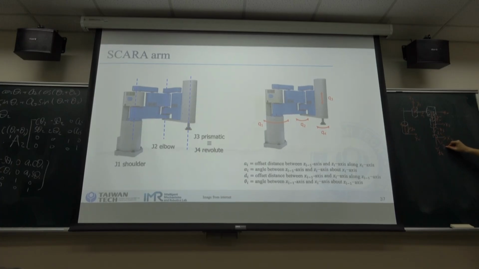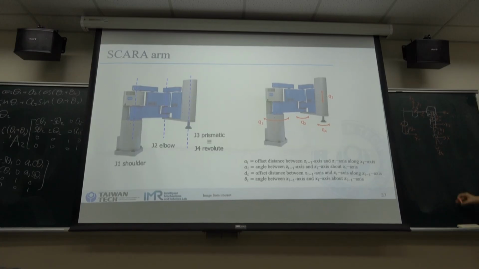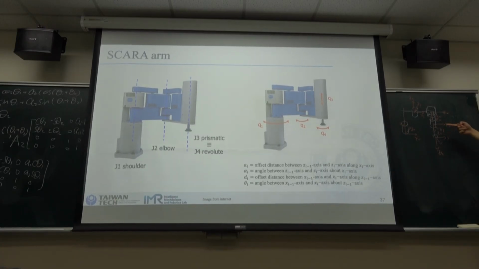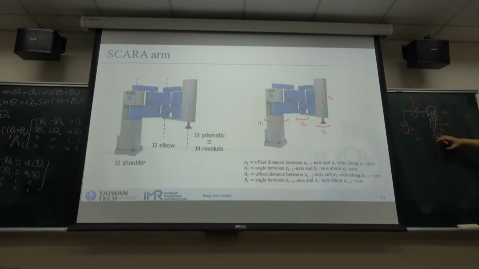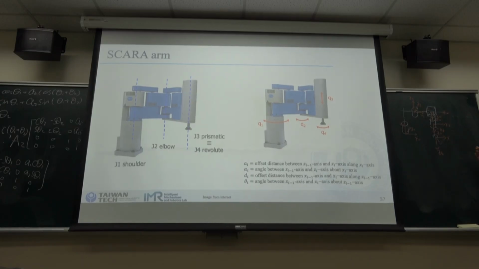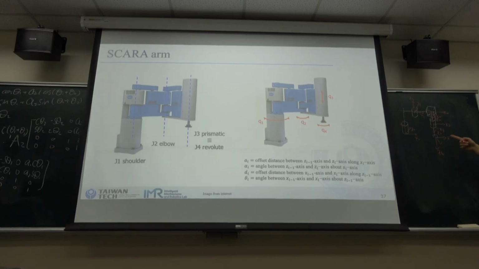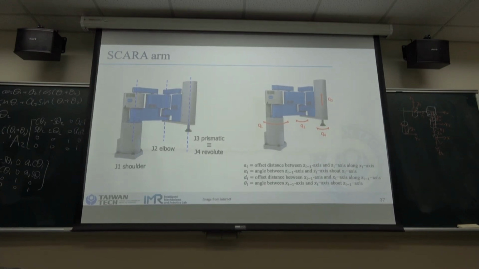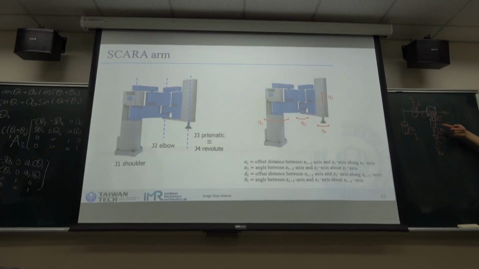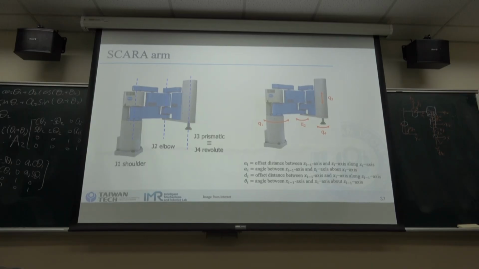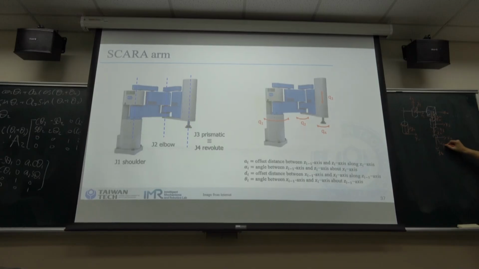Because usually the end effector frame will just duplicate the last one, unless your tooling or your end effector has a defined configuration. Otherwise we just duplicate the last one, so we do not need to do more calculation. So this is done.